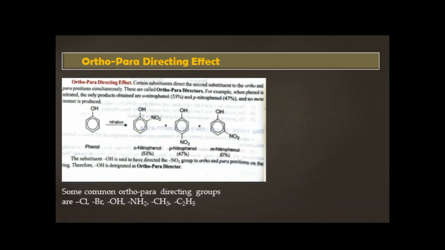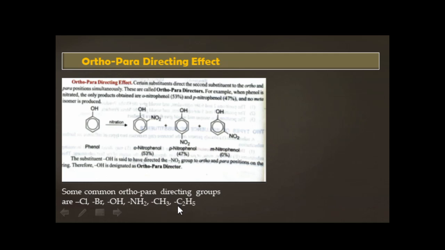Let me point out the other ortho-para directing groups: halogens, chlorine, bromine, and the hydroxyl group we have already seen. The amino group, as in aniline, the NH2 group, also directs the second substituent to the ortho and para positions rather than the meta position.